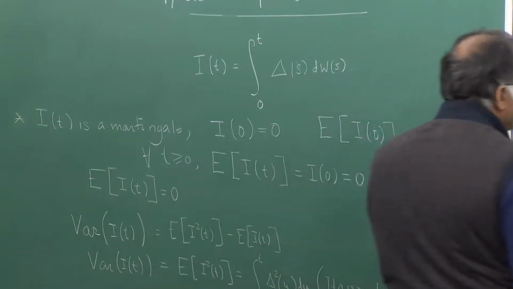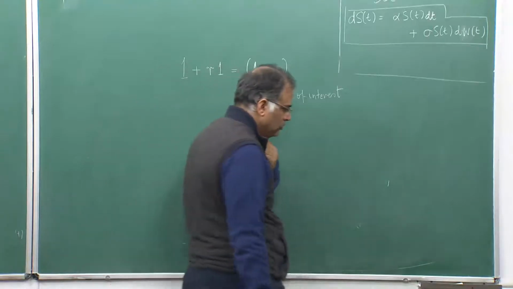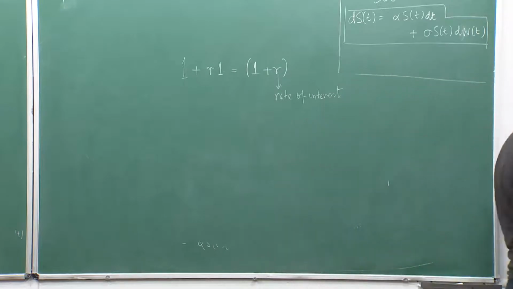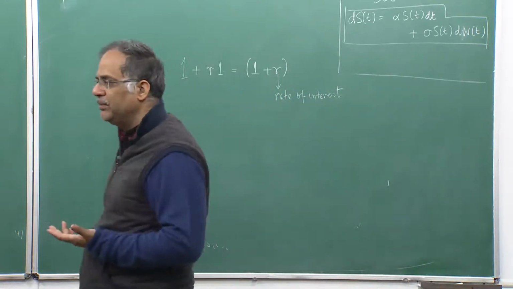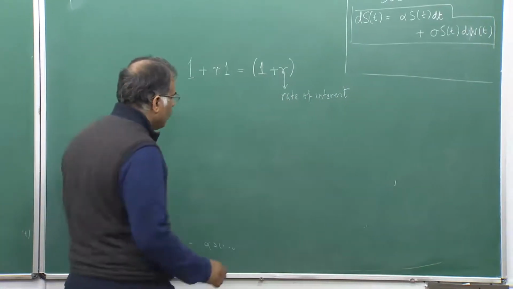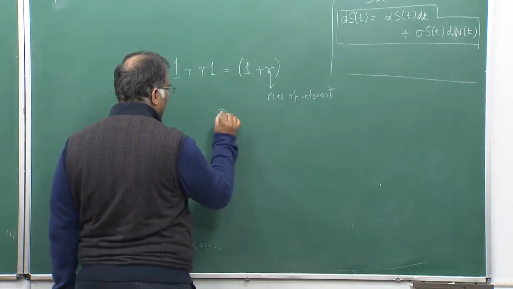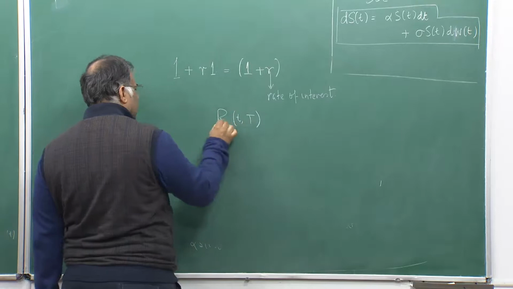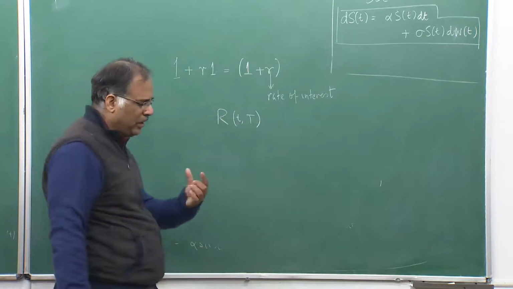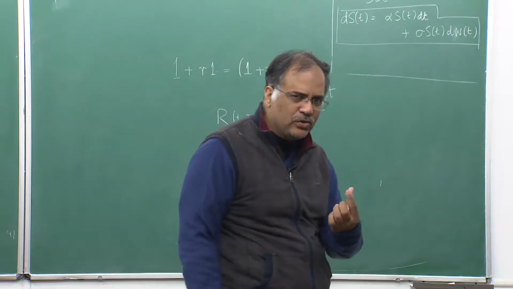Usually what happens is that a bank, suppose you have kept money in a fixed deposit, or you have taken a loan, so you are paying back money to the bank. Usually for a given period, say between time small t to capital T, for a very small period the bank interest rates are kept fixed.